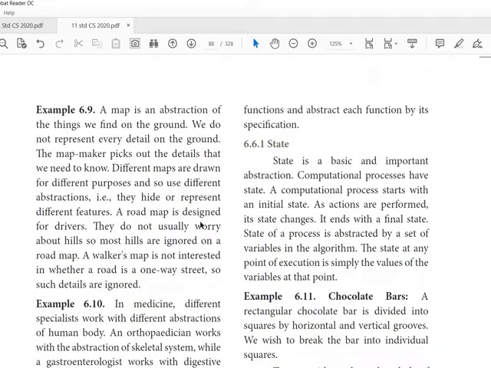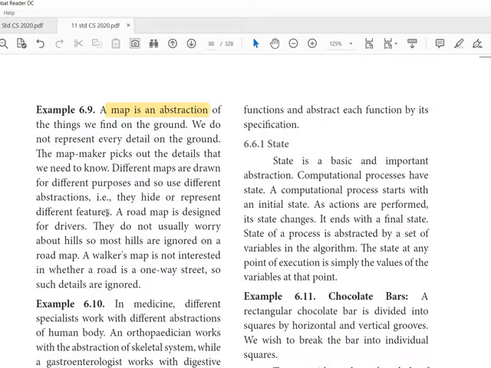So here they are talking about two examples. One is a map. A map is an abstraction of things we find on the ground. We do not represent every detail on the ground. The map maker picks out the details we need to know. Different maps are drawn for different purposes and so use different abstractions.